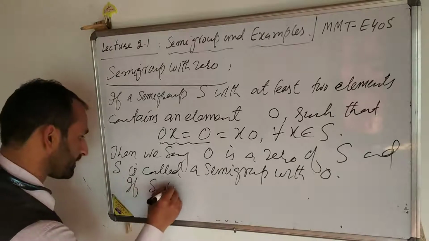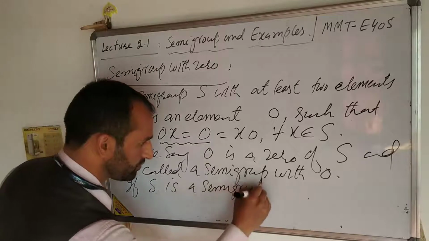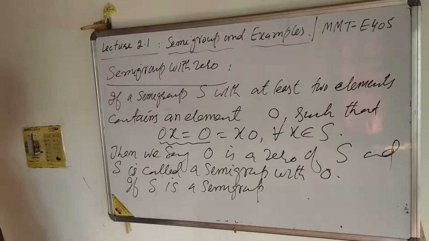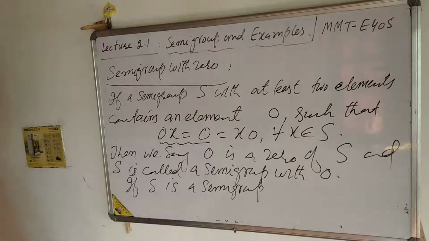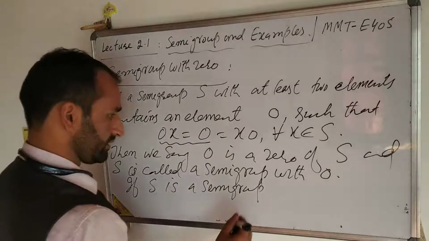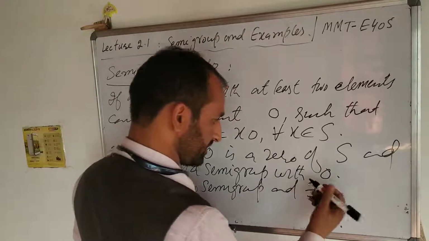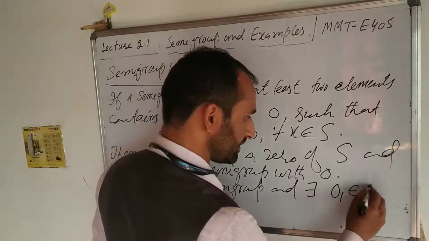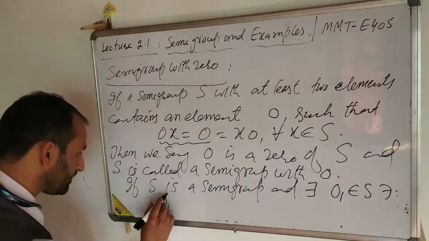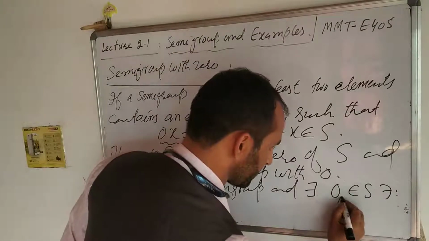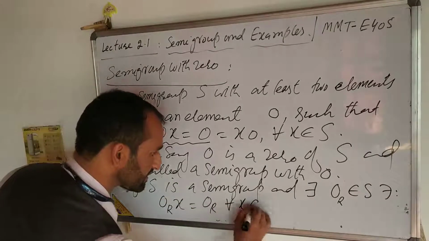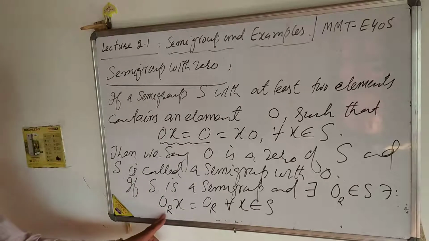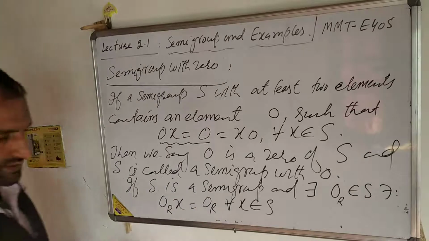So if S is a semigroup, and there exists an element, let me denote that element by 0_R (R stands for right), such that 0_R into x is equal to 0_R for all x in S, then this 0_R is called the right 0 of the semigroup S.